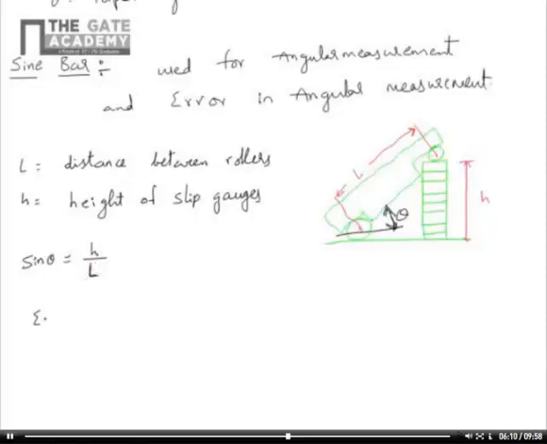If you want to measure the error in angular measurement, the error d theta equals tan theta into (dh by h minus dl by l). The principle of the sine bar is based on trigonometry. Because we are using the sine formula to measure the angle, it is called a sine bar.